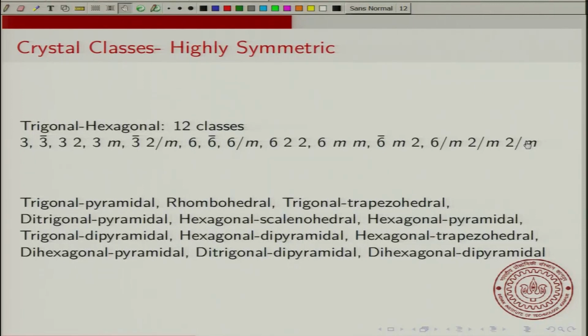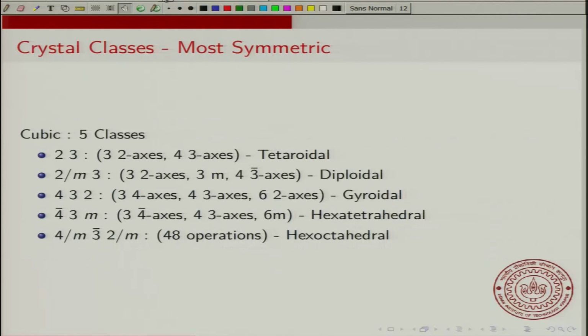So, here there are 12 classes in the trigonal and hexagonal systems, and these are in some sense highly symmetric. But the crystal system with the highest symmetry is the cubic system, and the cubic system gives the most symmetric classes.